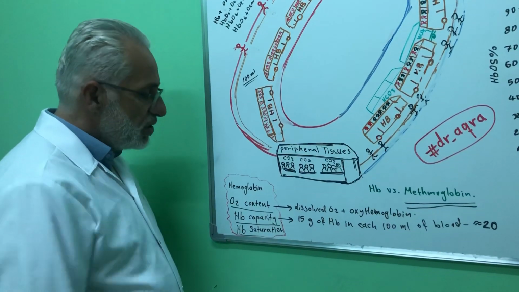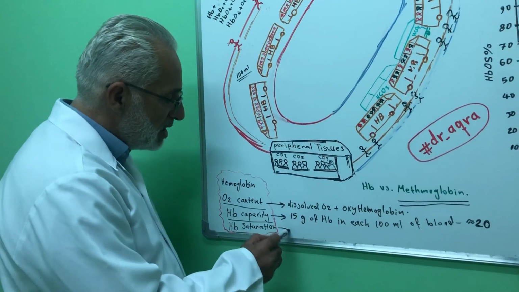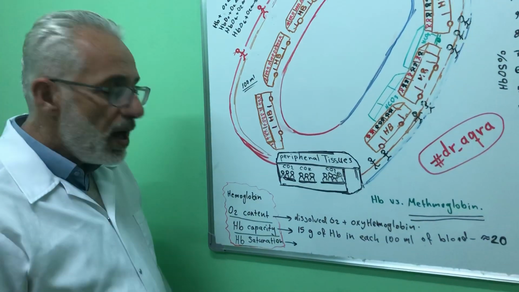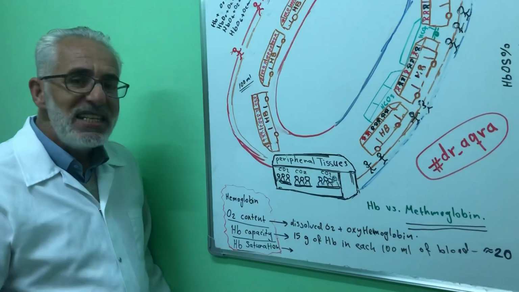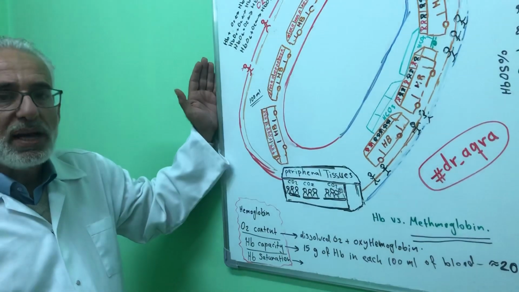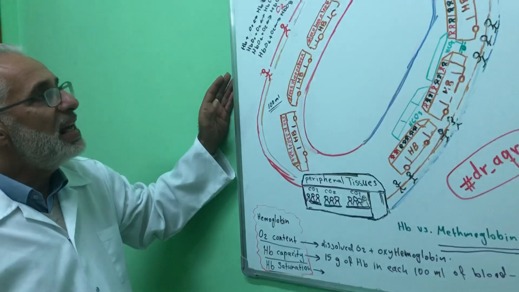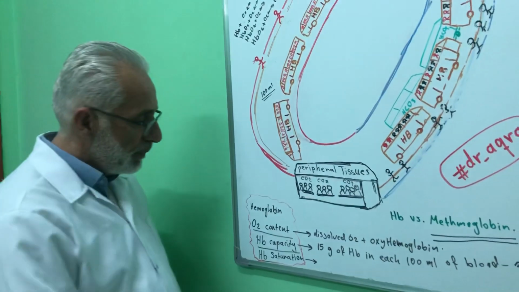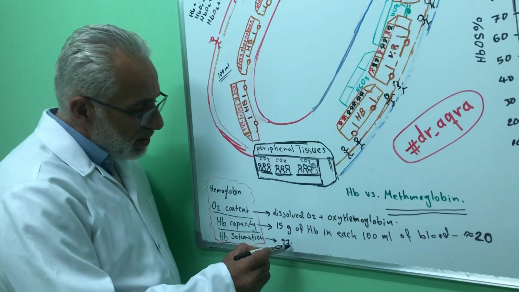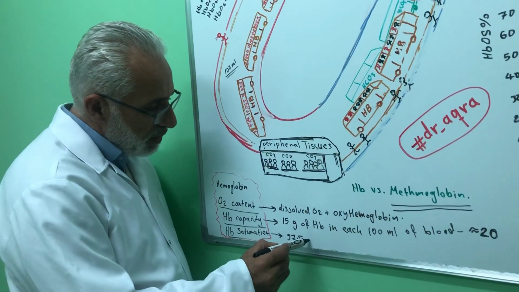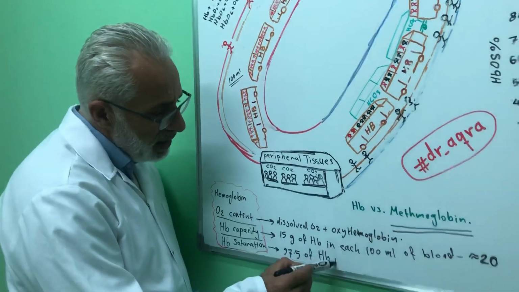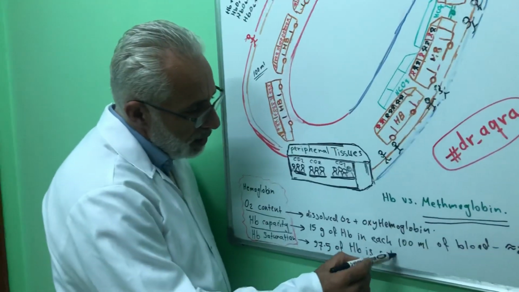And the hemoglobin saturation of O2 is different between the arterial and the venous blood. Why? Because the saturation is increased when the partial pressure of O2 is quite high, as in the lung tissue. In the arterial blood, as I mentioned, about 97% of hemoglobin is saturated with oxygen.